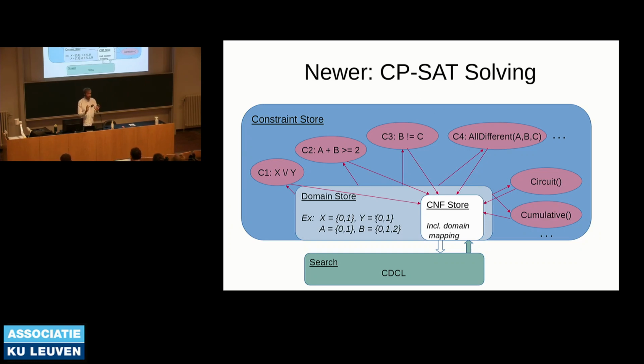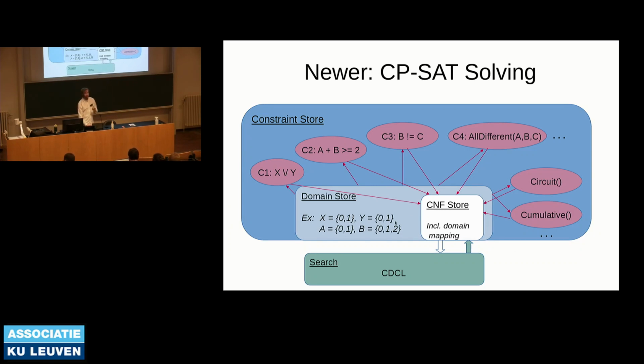So again, I'm not going to tell you how it really works, but the highlight is that you still have a domain store, but that domain store is also translated into Boolean decision variables, and the constraints, or at least the easy ones, they are also translated.